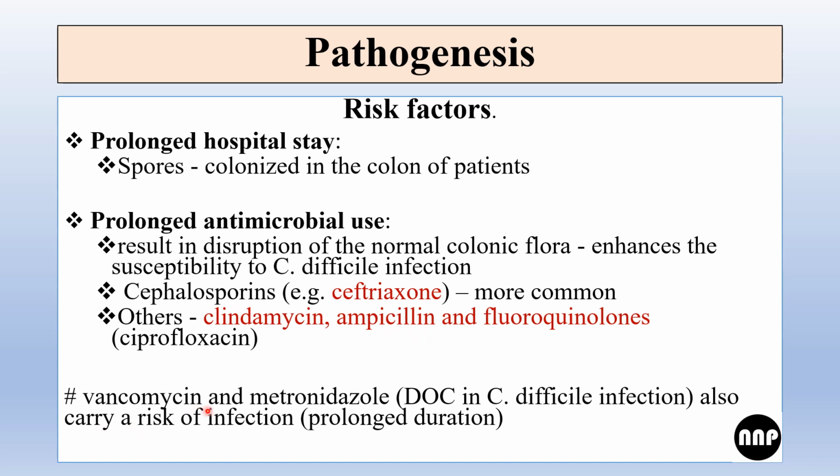Also, vancomycin and metronidazole, the drug of choice in C. difficile infection, if used for a prolonged duration, can also carry a risk of C. difficile infection. So we should be very judicious when we are using antibiotics.